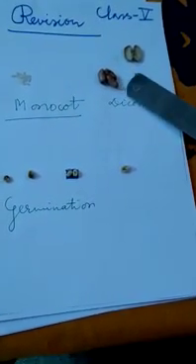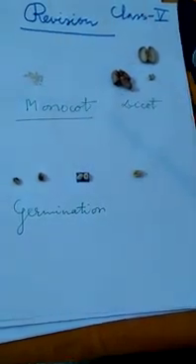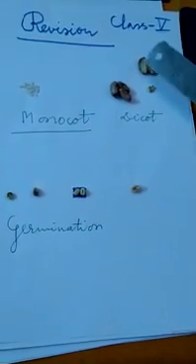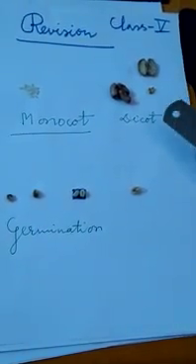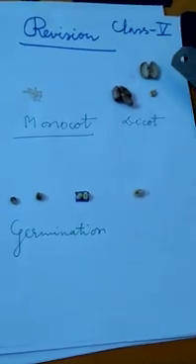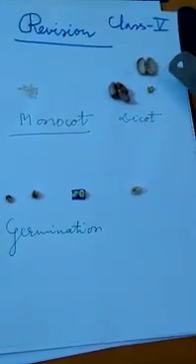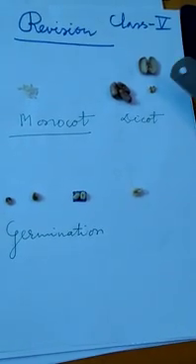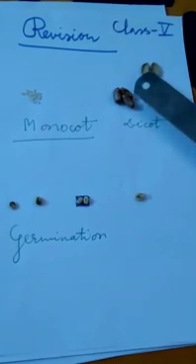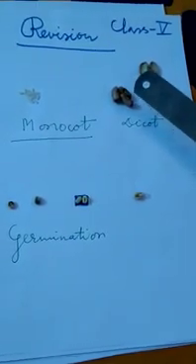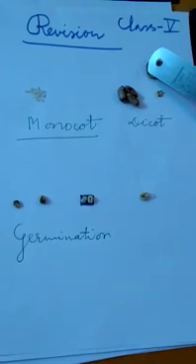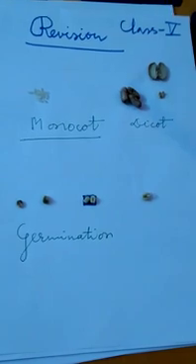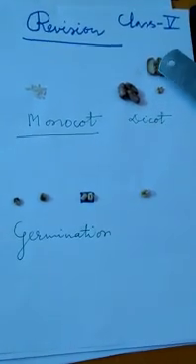The monocot seed has one cotyledon inside the seed, and the dicot seed has two cotyledons inside the seed. For the structure of seed, we saw the seed coat. The outer covering of the seed is called the seed coat, and the seed leaves, that is cotyledons, hold the stored food, and inside is the baby embryo.